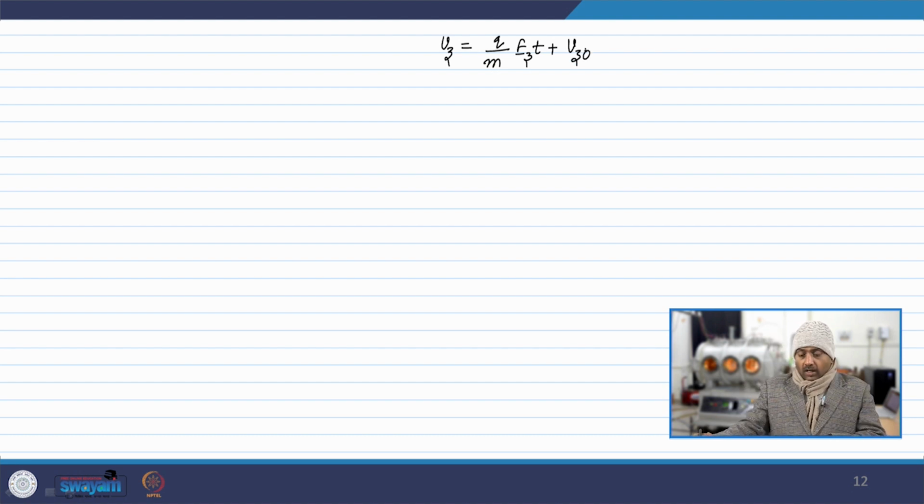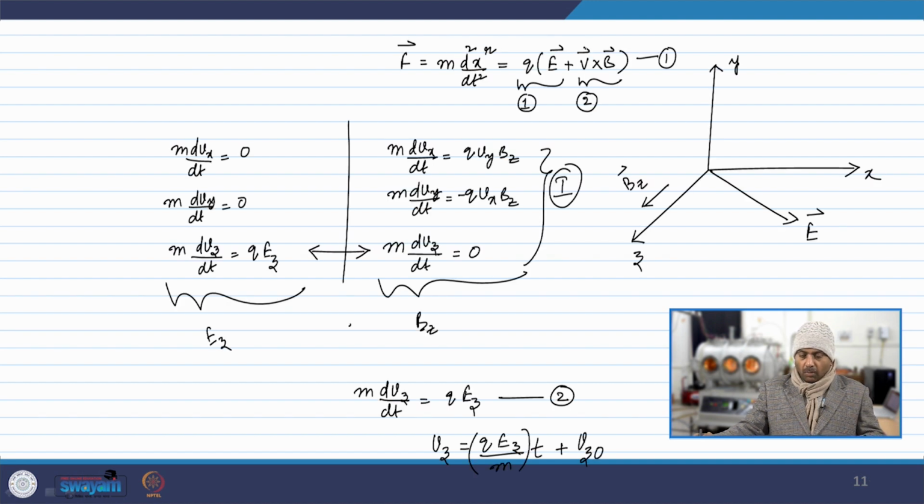Right. Now, let us look at the other components of velocity. Let us say we consider the x component of velocity. Since the electric field E can be resolved to have components along x as well as z direction, we have taken care of the z direction of the electric field and this is what we have got.